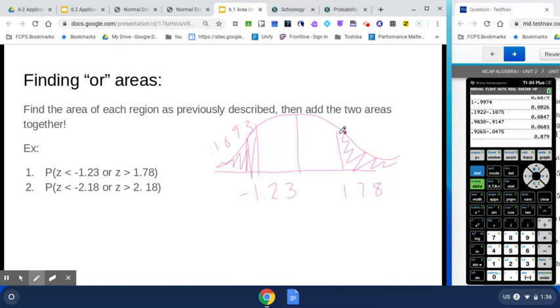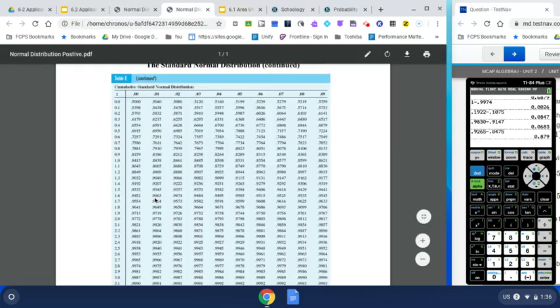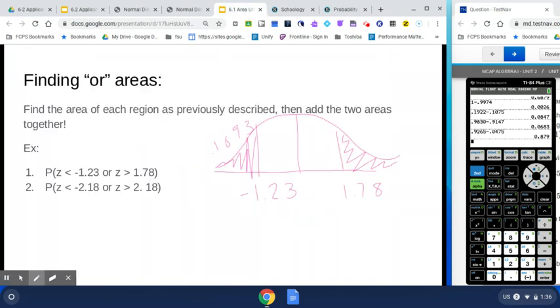Over here, 1.78, if we look up that on our positive z-chart, we see an area of 0.9625. But that is the area to the left. That is not the area that I want.